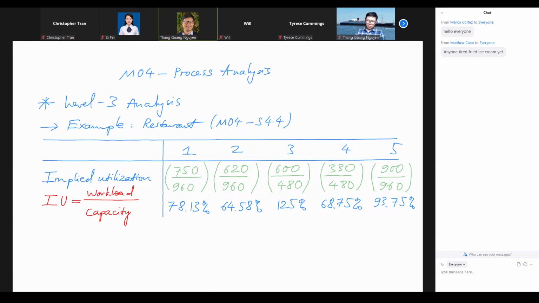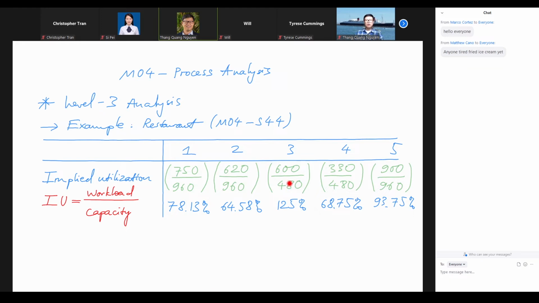Right, so all of these are the IU. It tells us the demand pressure. So the demand pressure here is not too much, or here and here, they are not too much because we do have capacity to handle the demand, right? But the demand pressure right here is too much. The demand exceeds the capacity. So think about it, if we ram the ice cream, the burgers, and the fries through the kitchen, then they can easily go through 1 and 2. But then they will get bogged down at 3.